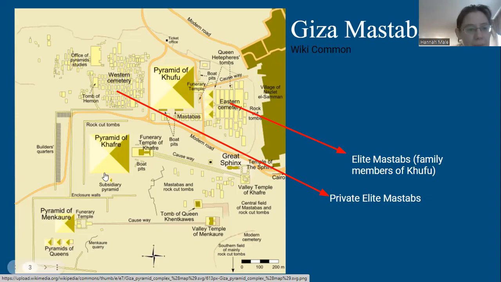And then we have Menkare's pyramid and his funerary temple, and then some of the pyramids of his queens, possibly here as well. So this really does give you a good sense of just how massive the archaeological site of Giza is, and just how much there actually is.